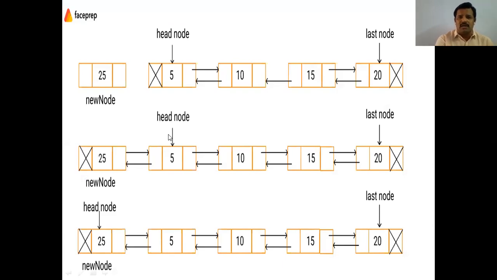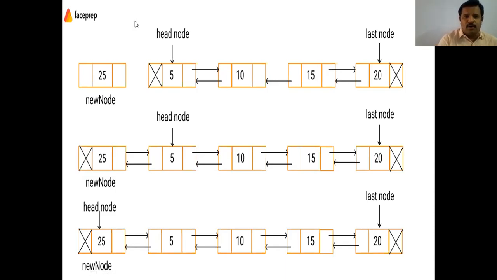See, this diagram shows the given list: 5, 10, 15, 20. These are the 4 elements in the double linked list. Now we are trying to insert this new node at the beginning of this list, right? After inserting the new node here, we can adjust the pointers.